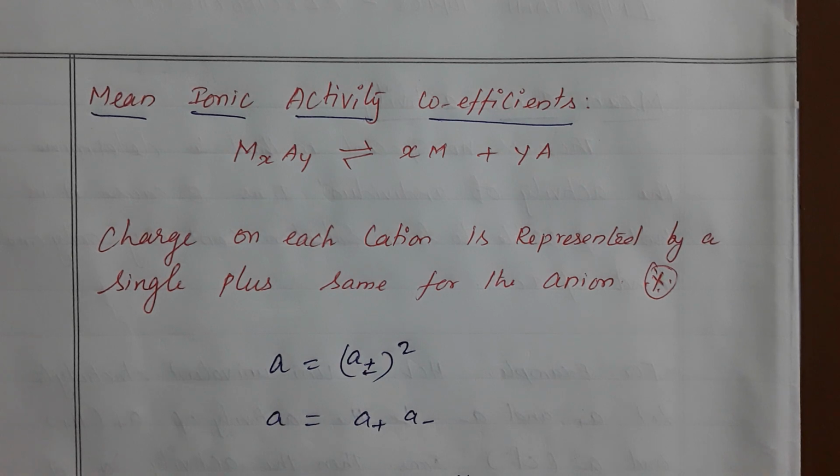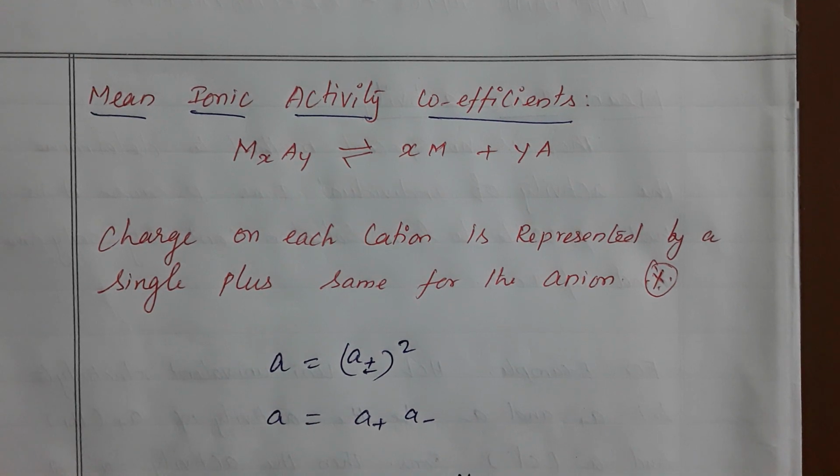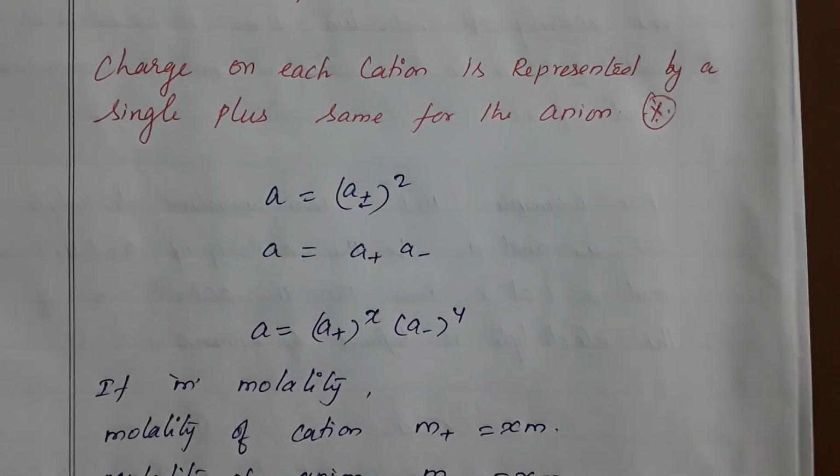Whatever the charge of the cation or anion, it is taken as only 1 plus and 1 minus. If the coefficient is more, you can take it as twice. We can clarify it in an example also.